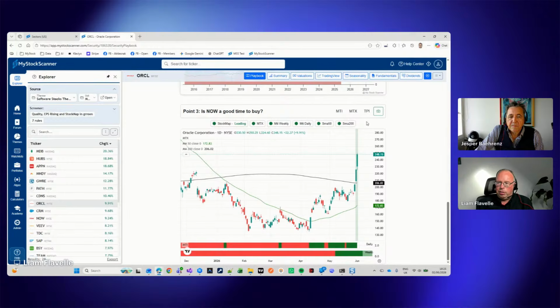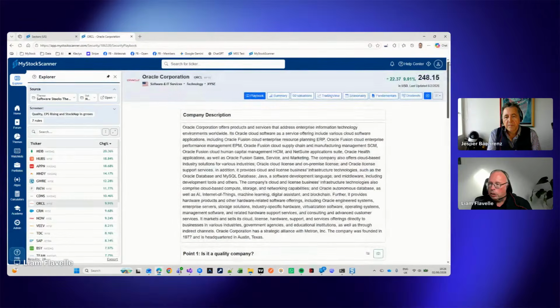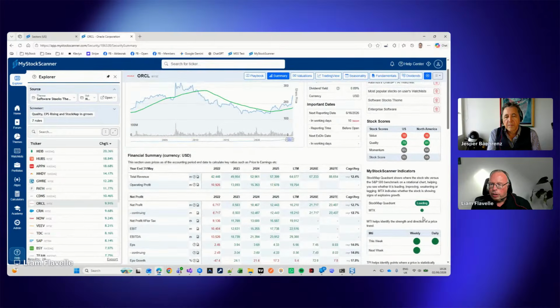Is it above the SMA 50 and 200? So we've got it to a state where it's nice and easy to see visually what these things are doing. And obviously, you can screen on these, because all of these elements are screenable with the screener system. And we've also got it in the summary just down here. It's leading. The MTX is green.